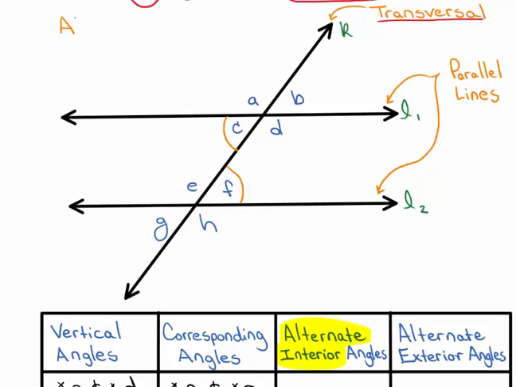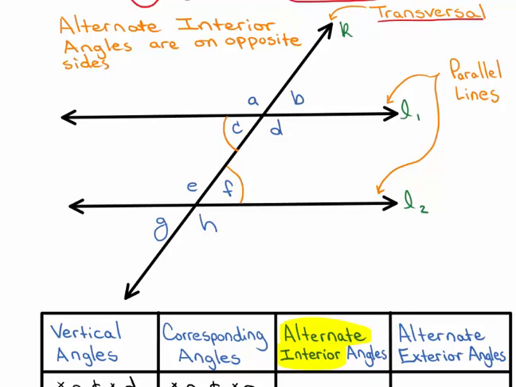So why don't we go ahead and write this out a little bit here. Alternate interior angles are on opposite sides of the transversal, inside the parallel lines.